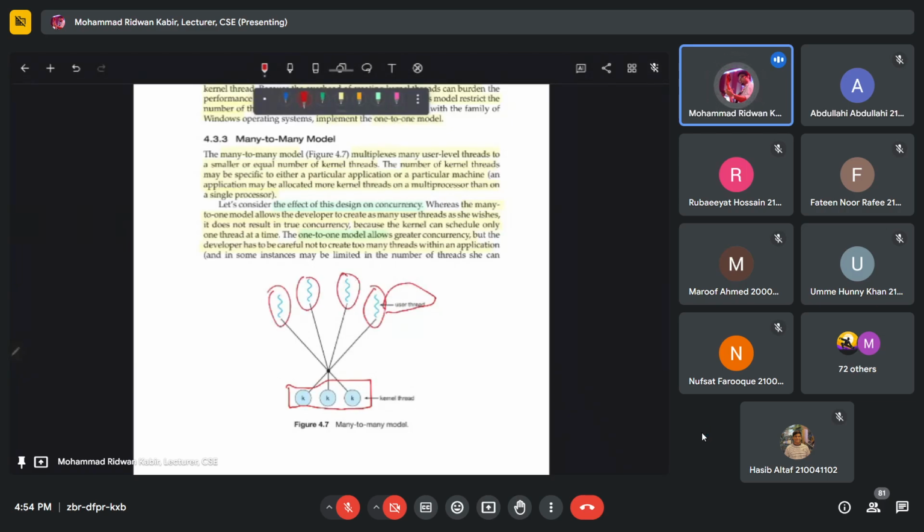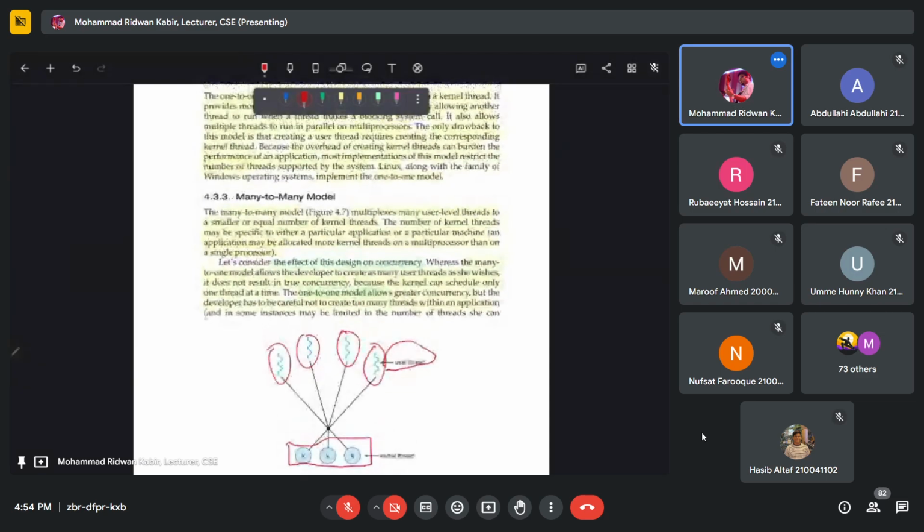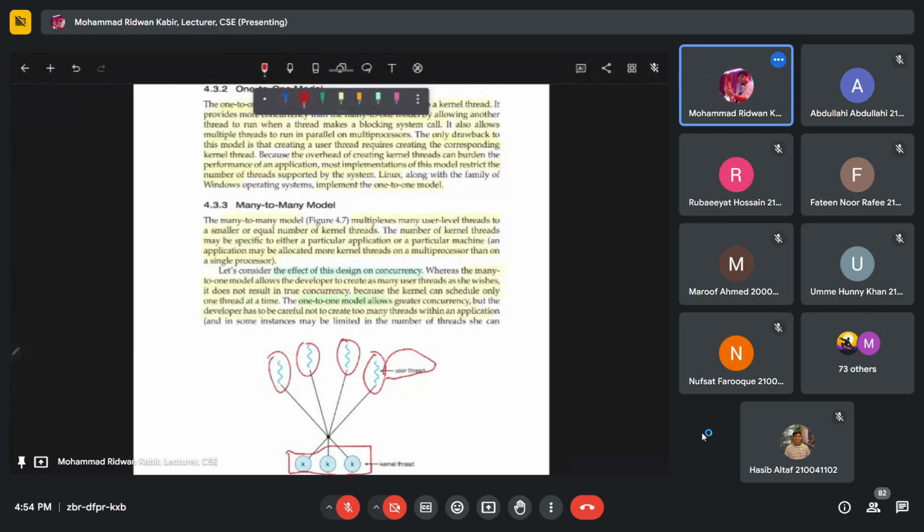and each kernel thread can be servicing a particular thread. Now, there is one precaution for the one-to-one model. As a developer, you'll have to be careful that you do not create too many threads within an application.